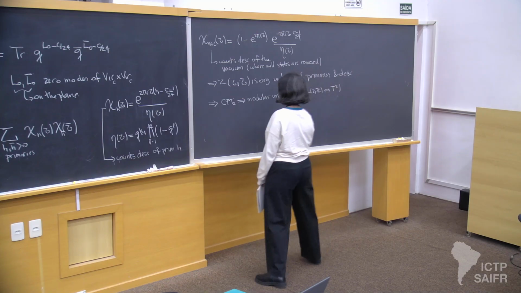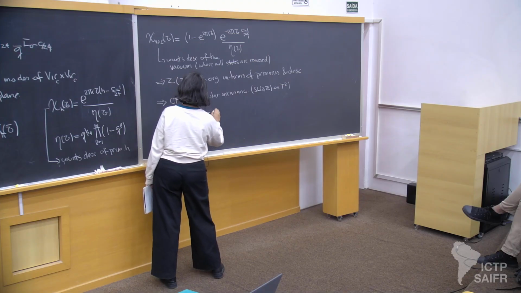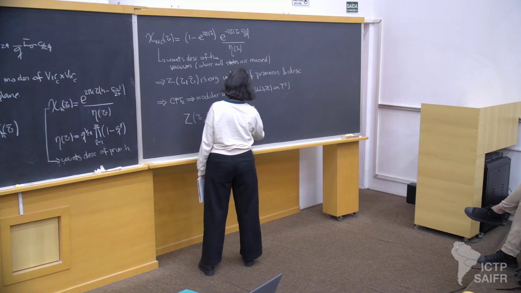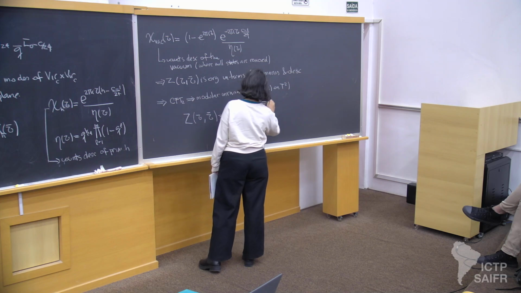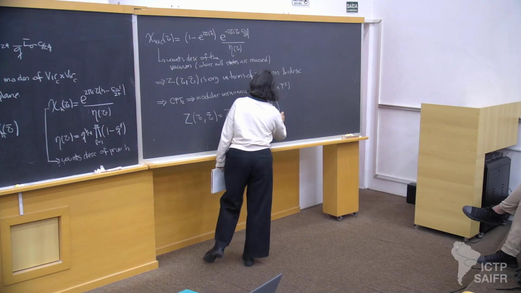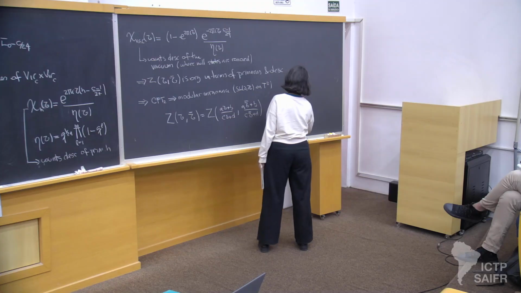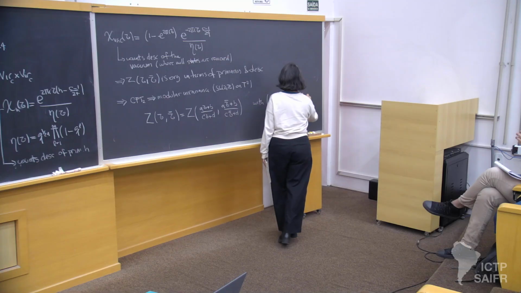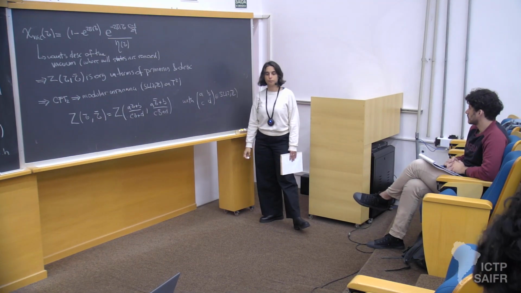on the torus. From the point of view of the partition function, this means that the partition function of tau and tau bar is equal to the partition function evaluated at A tau plus B over C tau plus D, with the A, B, C, and D belonging to SL2 Z, okay?